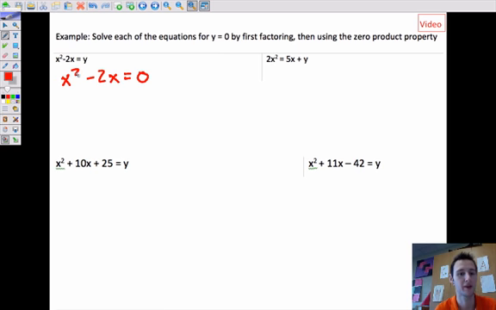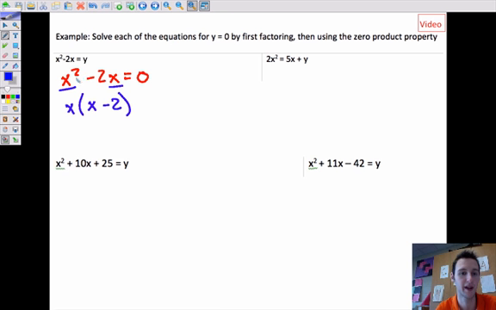So now you have x squared minus 2x equals 0. If you want to think back to those boxes that we did in the daily math, you're looking at what times what equals this x squared minus 2x. You see in each term that there is an x, so you can factor out an x. You're left with x minus 2 if you divide each of these by x.